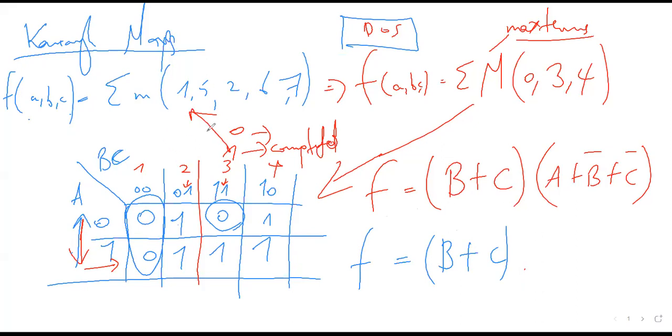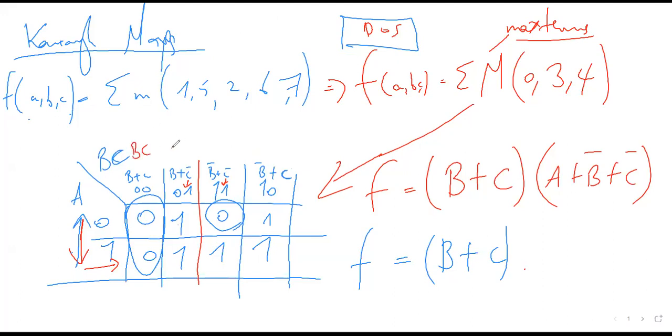In other ways, I can do this for understanding. When I'm using product of sum, this value here is B plus C, this is B plus C bar, this is B bar plus C bar, this is B bar plus C. If I'm using sum of products, this is what?